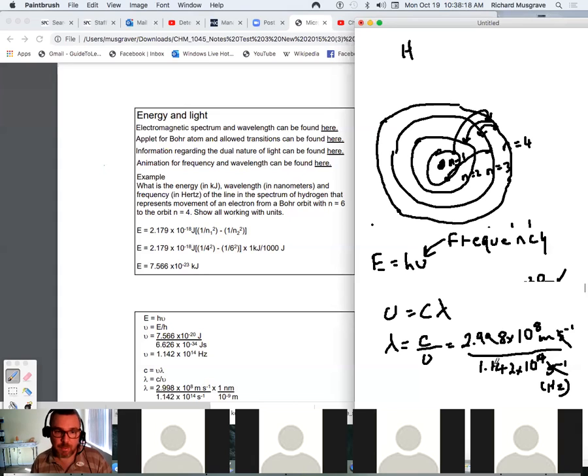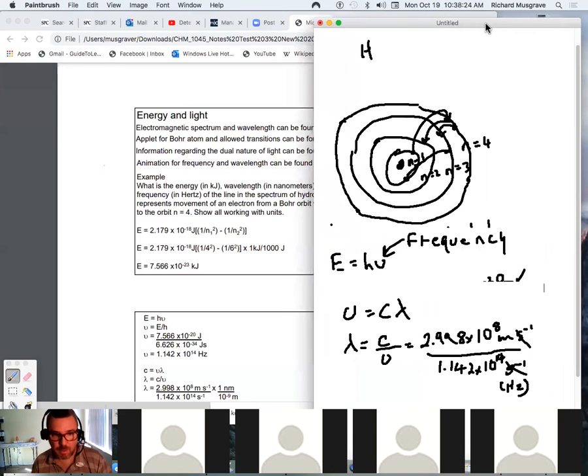Now, what it's asking for, though, is wavelength in nanometers. So we can do one other step here to convert it into nanometers. And 1 nanometer is 10 to the -9th meters.